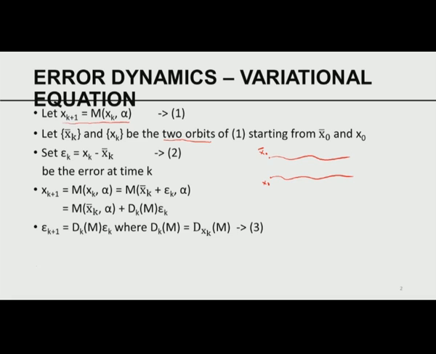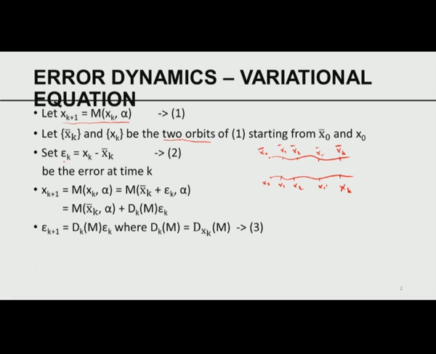So let the sequence x_k bar, the sequence x_k, be, so what is the sequence? x_1 bar, x_2 bar, x_i bar, here is x_1, x_2, x_i. So let us consider two orbits or two trajectories generated by the model starting from two different initial conditions.